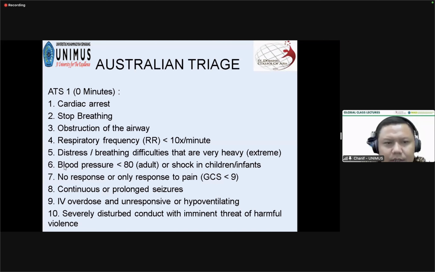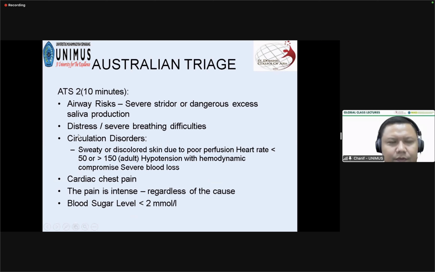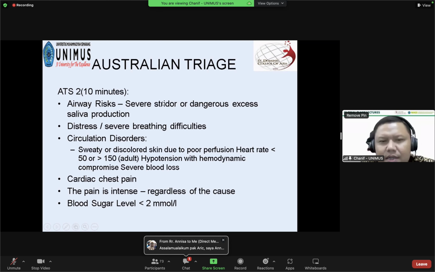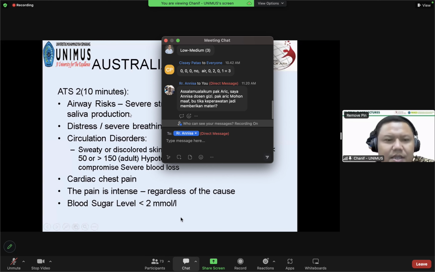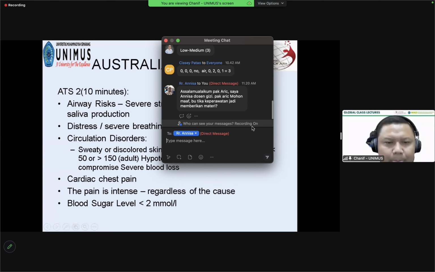And then the next level is level 2. Level 2 using the Australian triage, the waiting time is around 10 minutes. It is for patient with airway risk, severe distress, like partial obstruction of the airway, and dangerous axis, saliva production, distress or severe breathing difficulty, and then cardiac chest pain.